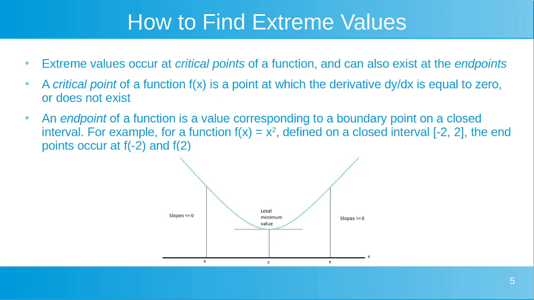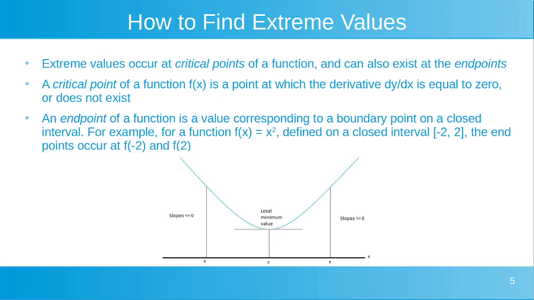And an endpoint of a function is a value corresponding to a boundary point on a closed interval. For example, for a function f of x equals x squared, defined on a closed interval from x equals minus 2 to x equals plus 2, the endpoints are at f of minus 2 and at f of 2.